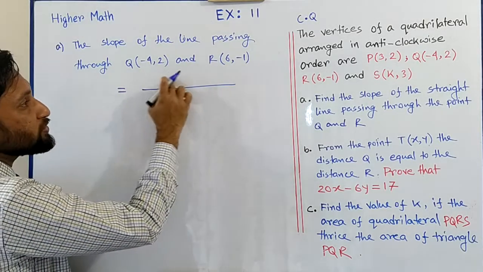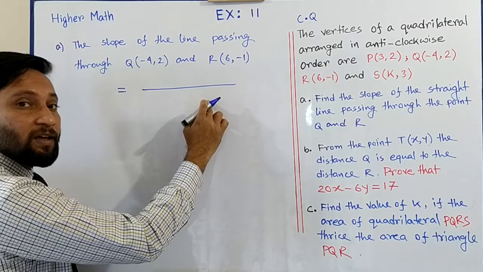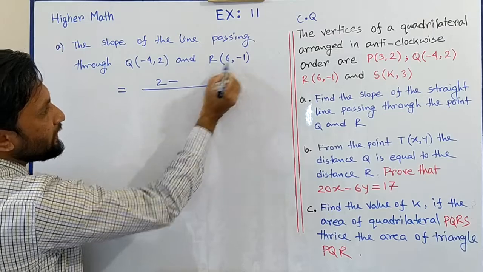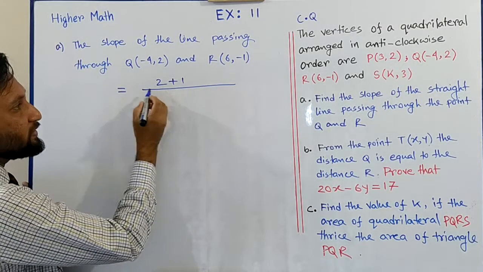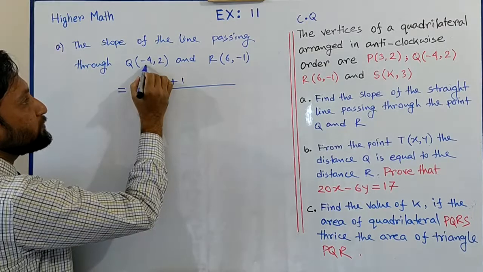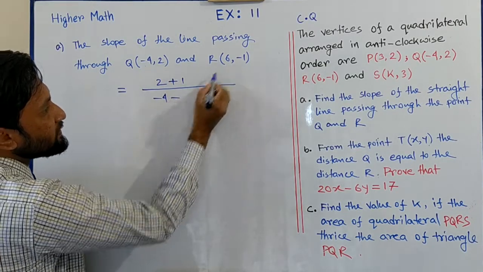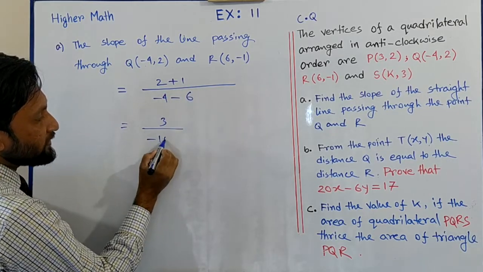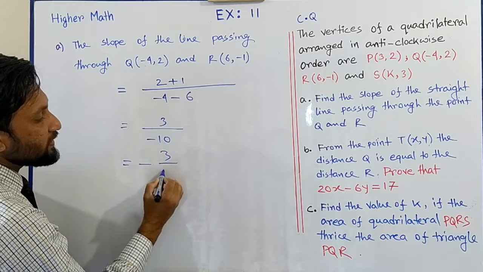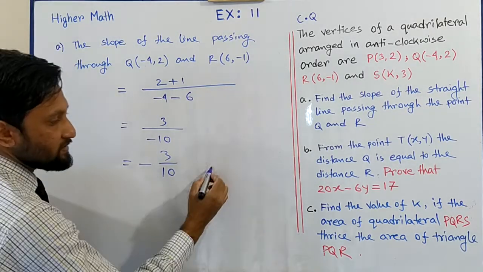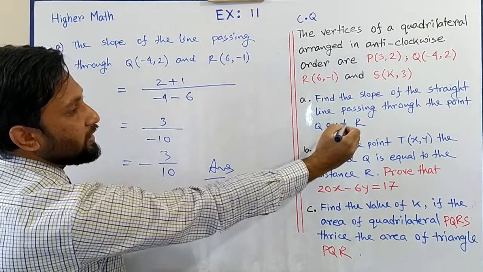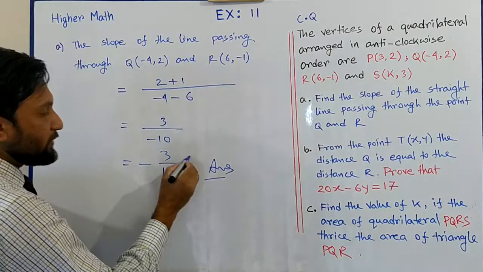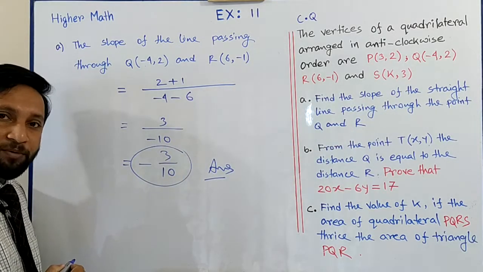So the slope is the difference of ordinates divided by the difference of abscissas. So 2 minus minus 1, that means 2 plus 1, divided by minus 4 minus 6. So 2 plus 1 is 3, and minus 4 minus 6 is minus 10. So we can say minus 3 by 10. This is our required answer. So the slope of the straight line which passes through the points Q and R is minus 3 by 10. I hope everybody is clear.